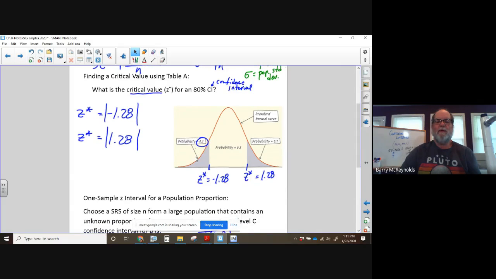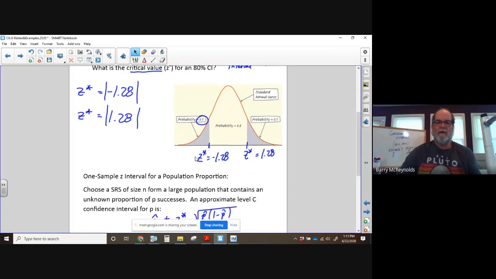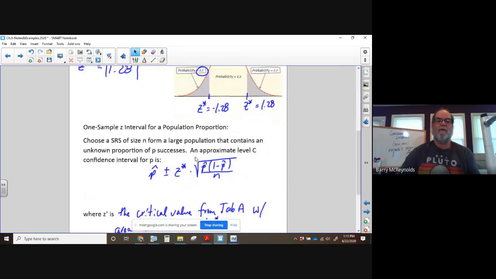So how would we frame this question? We want a one sample Z interval. Now, if we have taken multiple samples, and we have data from those multiple samples, we'll still use this general form, p hat plus or minus a critical value times the standard error here.